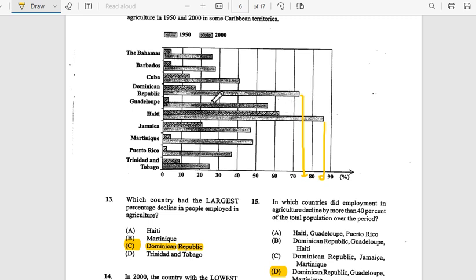Dominican Republic could drop between the 20 region. So the answer would be Dominican Republic.